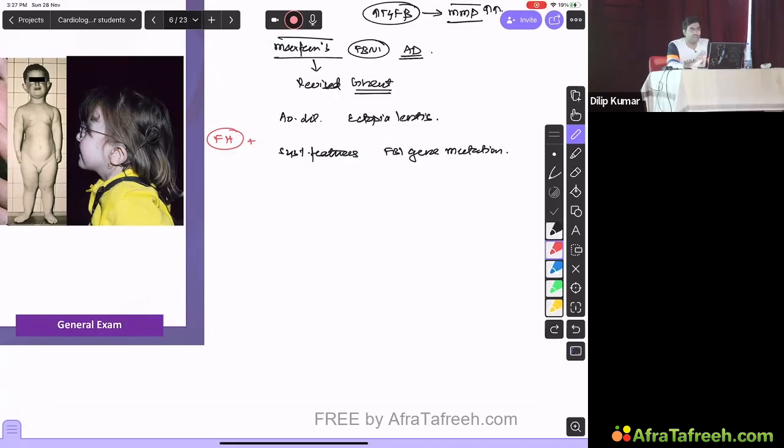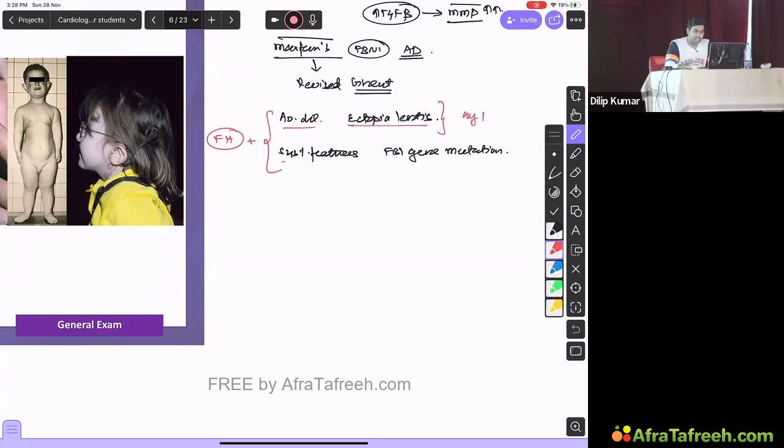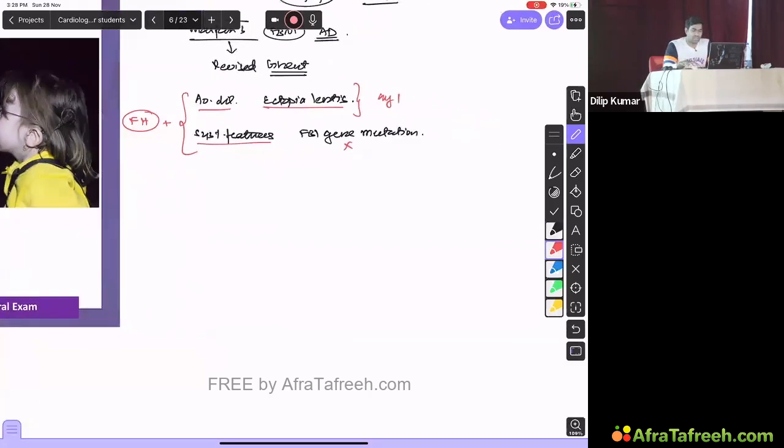So you need not test for fibrillin 1 gene mutation. So what do you need? Any one of these 3. Am I right or wrong? So there is no need to test for fibrillin 1 gene mutation. In the presence of family history, any one of aortic dilatation or ectopia lentis or systemic features is more than enough. Suppose you do not have family history, that is where the confusion is.